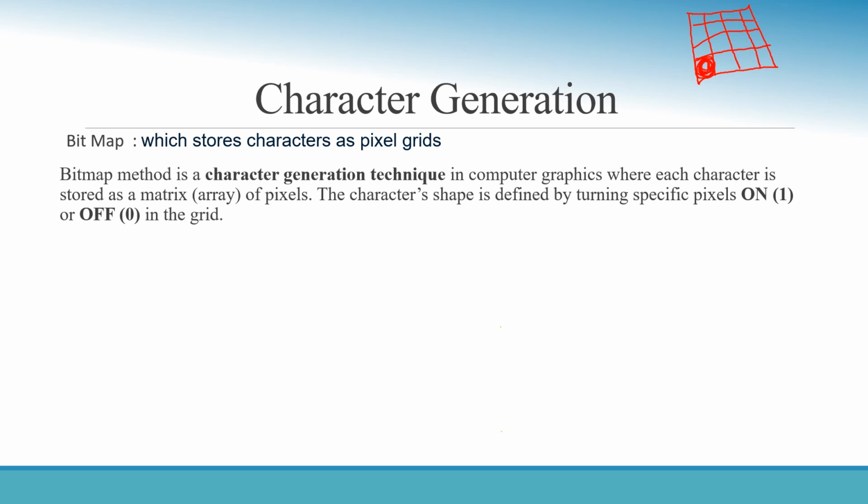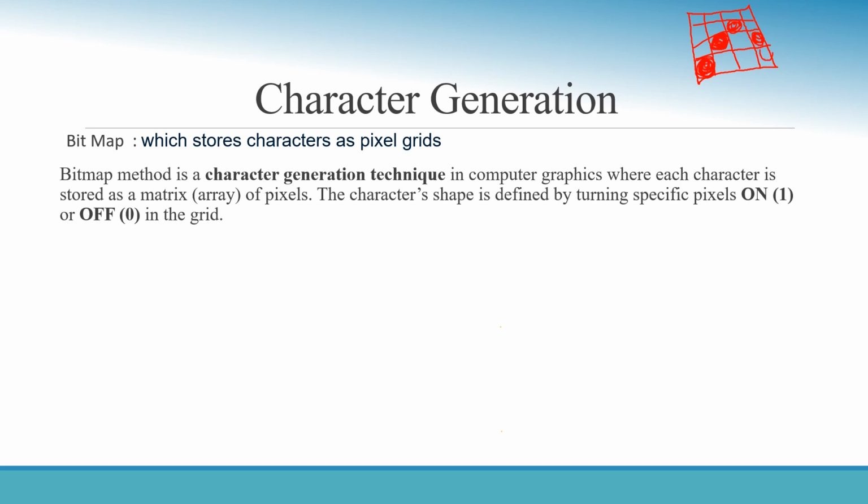If you take 1 as black color, then off is white color, which means there are two states. The on state represents 1, and the off state is 0.